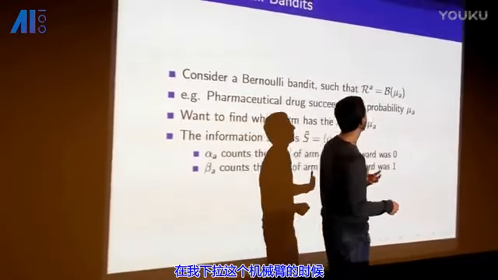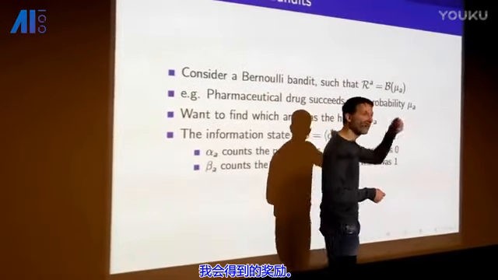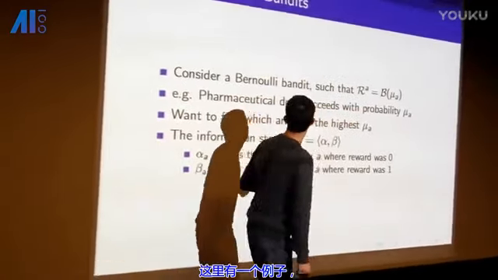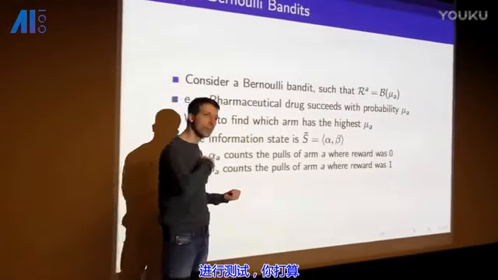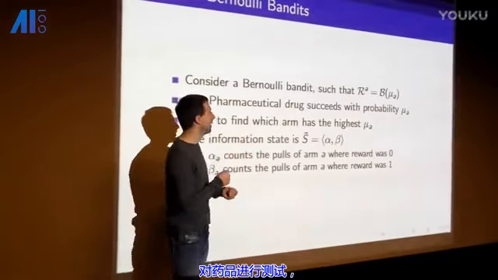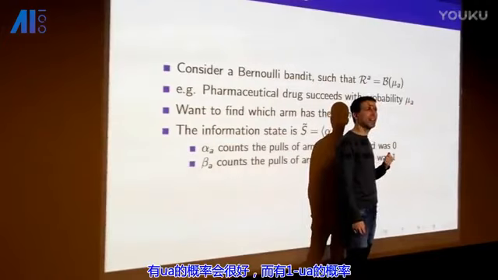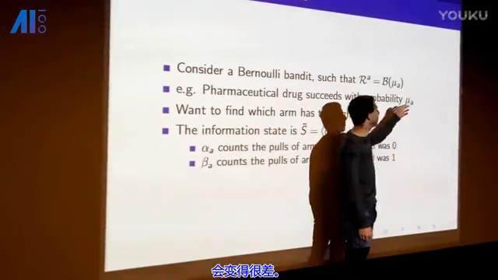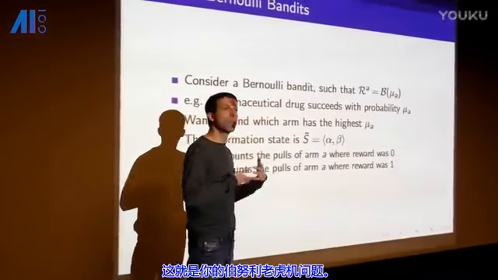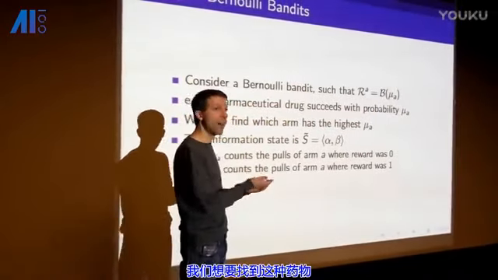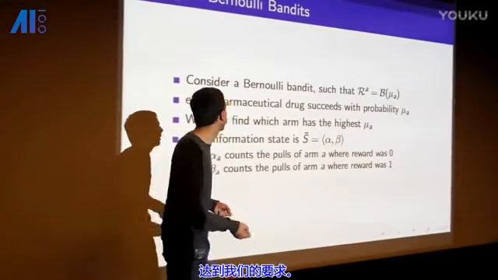This is the payout of those machines, the probability that this machine will actually pay out when I pull that arm. An example of this would be a pharmaceutical drug company that wants to test a drug on someone, and with probability mu A they get better, and with probability 1 minus mu A they don't get better. That's your Bernoulli bandit problem, and you want to find the drug that has the most chance of succeeding.